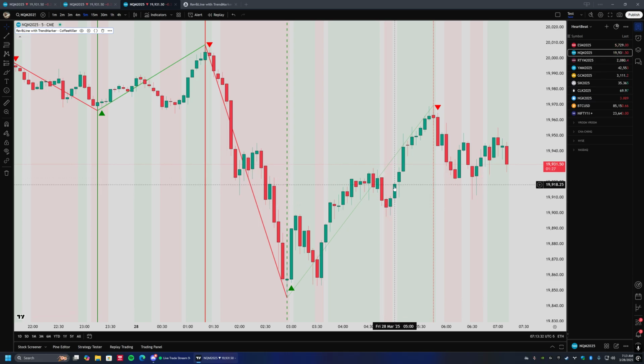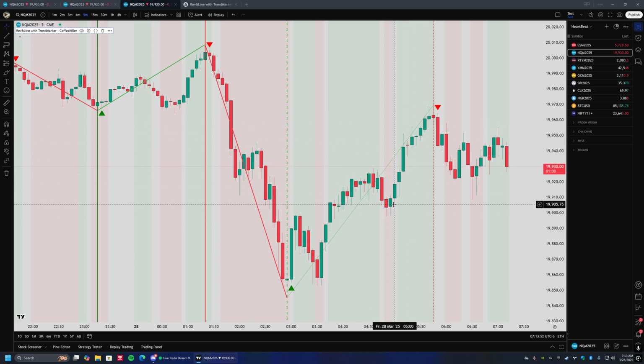And whenever I see this right here, there's a disagreement between the parabolic SAR and super trend. The super trend probably kicked in right there, but the parabolic SAR was showing it's not matching. So now it's matching, and that shows me the turn.